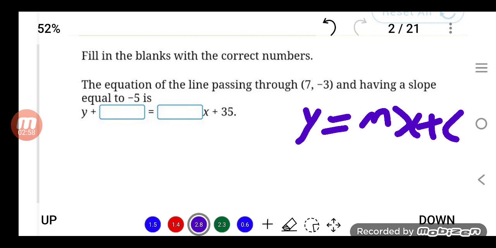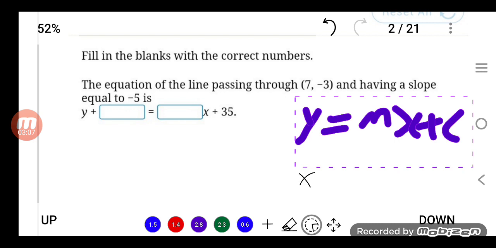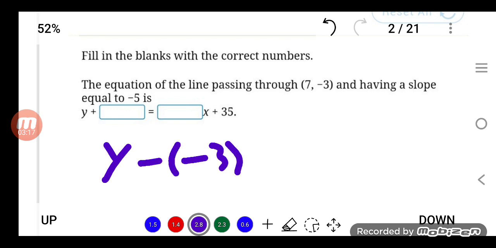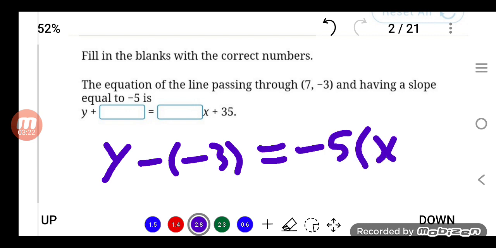And the point 7, negative 3, we can plug in this equation, or we can choose the other one, which is easier. Let's choose the other one. y minus y1, which is minus 3 here, is equal to the slope, which is negative 5, times x minus 7.